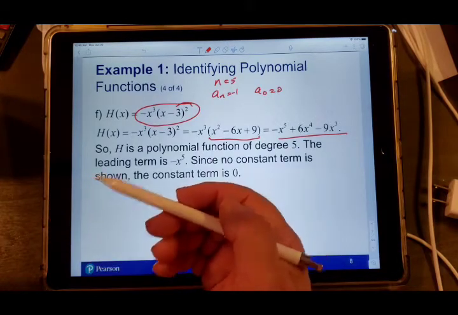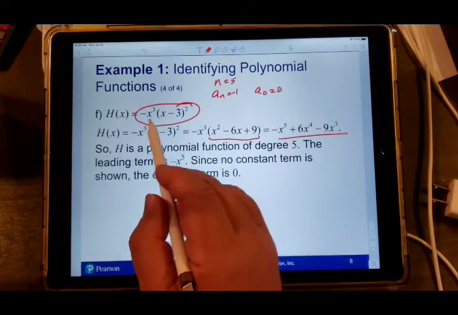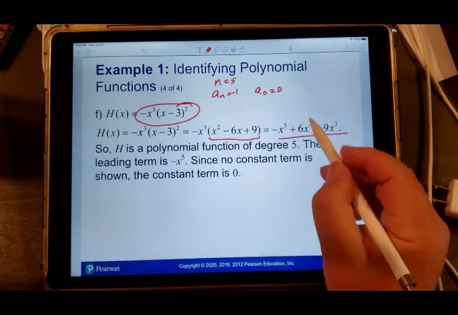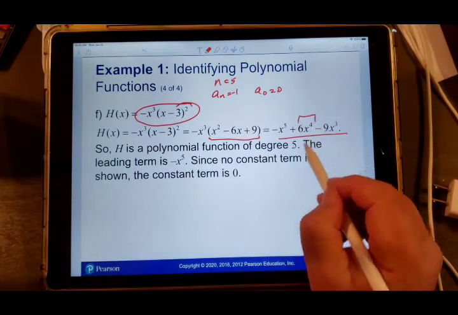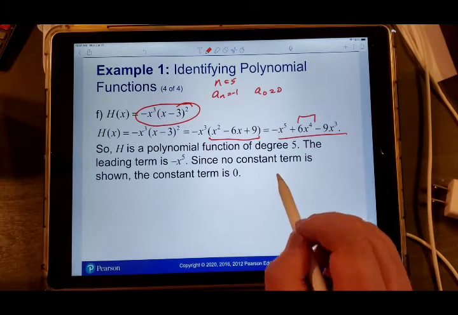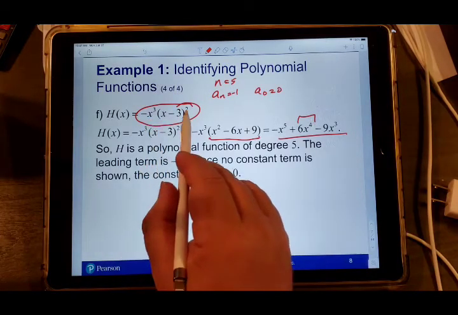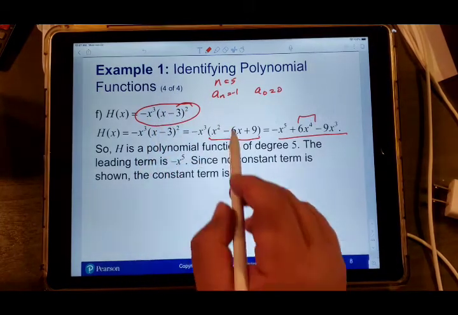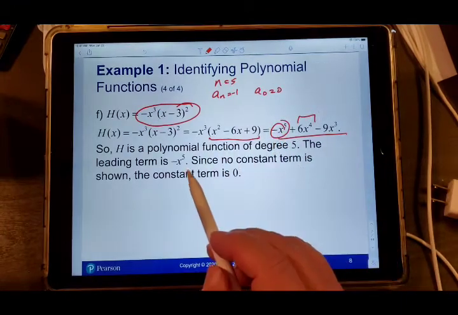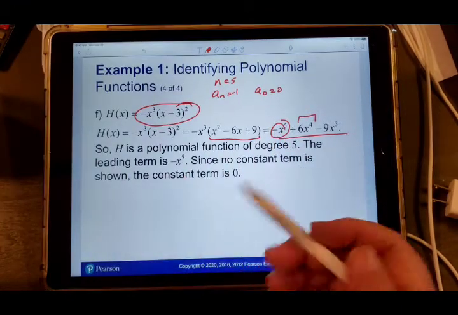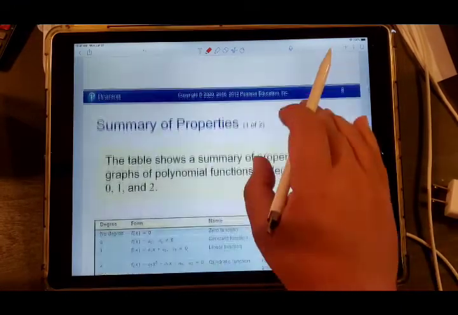If you can just kind of predict what would happen if you did the multiplication, at least for the first term. There's no way to predict what's going on kind of in the middle. Like the 6 might not have been easy to see, but just that being squared, that being cubed, kind of tells you that's a 5. So it's just a tip that I want you to hopefully see that.